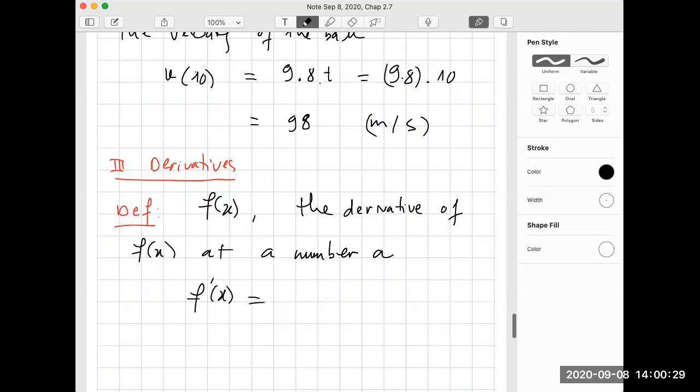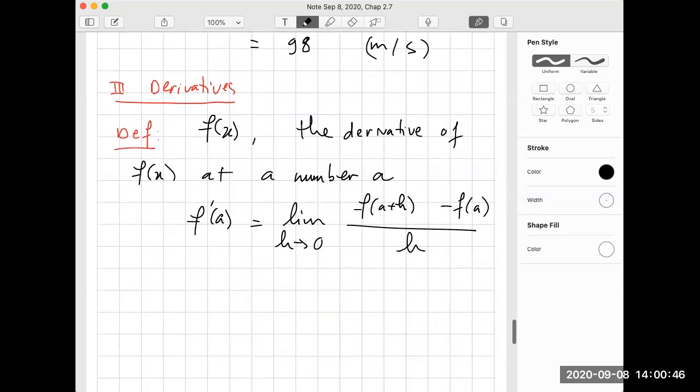We denote it as f prime of a. It is the limit when h approaches 0 of f of a plus h minus f of a, divided by h.